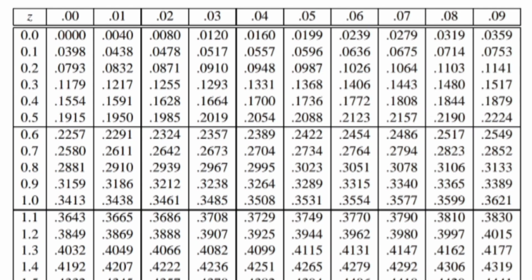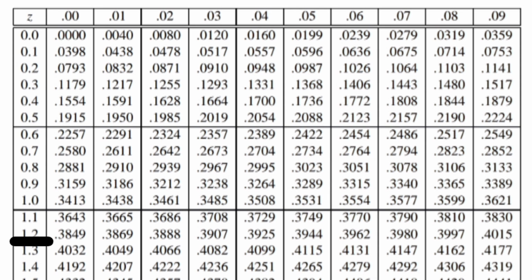From the normal table, see the first column, where all the values are given. These values start from 0 and go up. First see the value and refer to the first column. Go to the row where 1.2 is written.